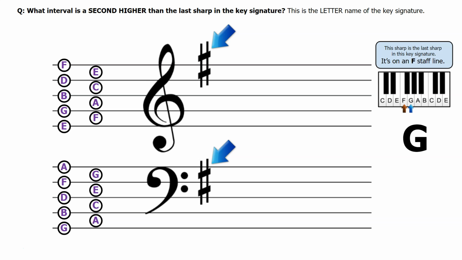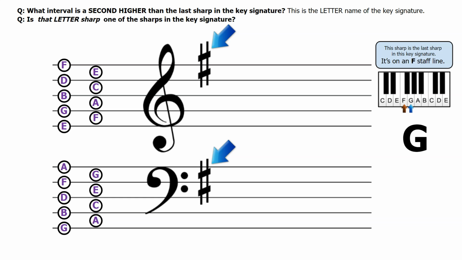Now, since we're working with sharps in this key signature, some sharp key signature names also include the word sharp in them, and other sharp key signature names don't use the word sharp in their names. So, before we can stop, let's ask ourselves the last question to see if the name of this key signature also includes the word sharp or not.